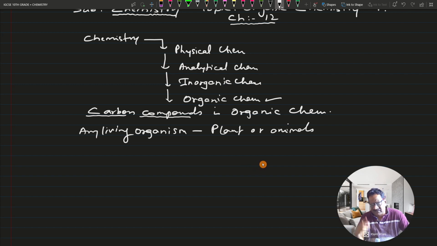Now in the very ancient period, millions of years ago, plants and animals, when they died, were not disposed of like we do it today. They used to just lie on the ground, decay and decompose, and everything used to get mixed up with the soil, and ultimately go into the earth.